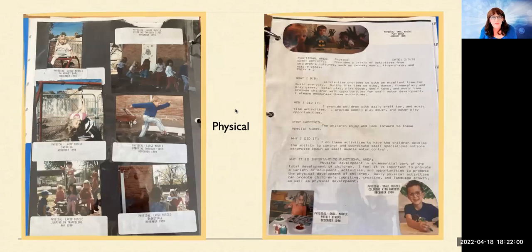So the next area, physical, again, you can see children leaping through tires like you would do in the military, swinging from swings, jumping on a trampoline, playing basketball. All of those things are very important to encourage physical development, large muscle development.